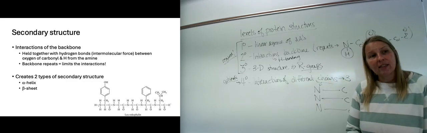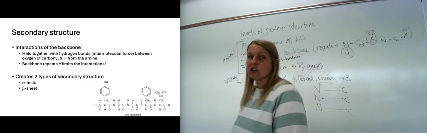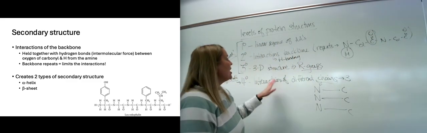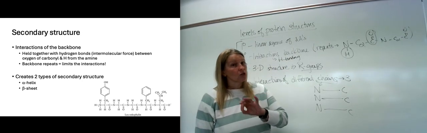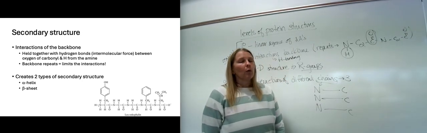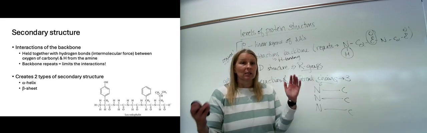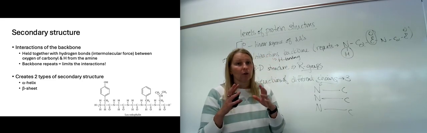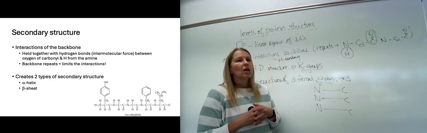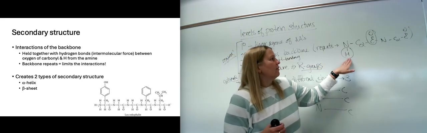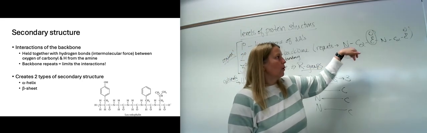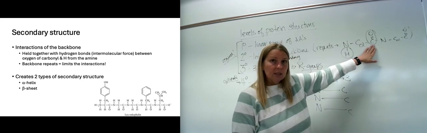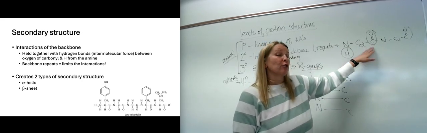If you take a look at the secondary structure, remember these are interactions of the backbone. So we have hydrogen bonding. Remember, hydrogen bonding is not a bond, it's an intermolecular force, which we will see again in chapter 17 because the double strands of DNA are held together with hydrogen bonding interactions. We have hydrogen bonds where the H is the hydrogen bond donor from the amine group of the backbone, and the carbonyl, C double bond O, is the hydrogen bond acceptor.